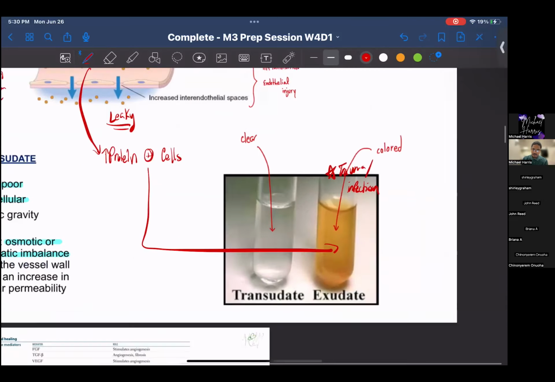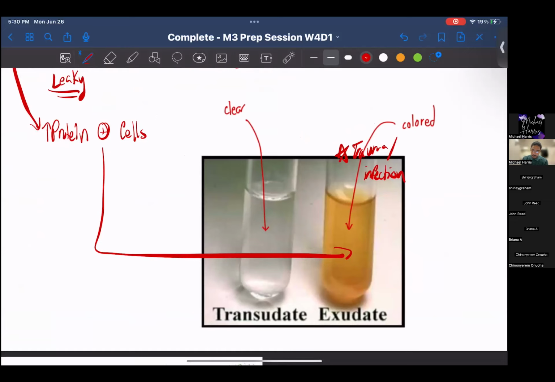And the other one they may throw at you is whenever you get lymphatics involved. So they could throw a vignette at you where they've had chest surgery, and then all of a sudden there's fluid buildup. They do a chest tube, they pull the fluid out, and they find out that this fluid has high levels of chylomicrons and lipids.